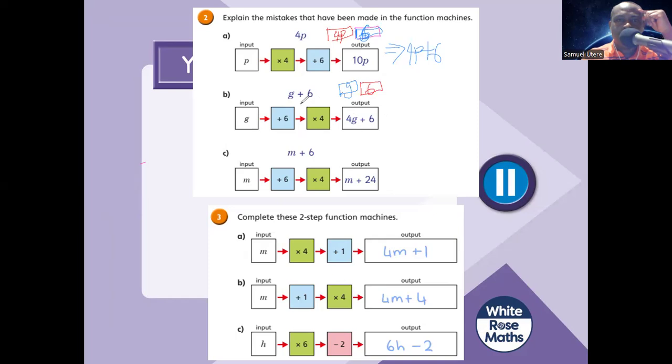That's what it means. 4 lots of that. So if we have 4 lots of this, so we have g, we have 6, okay, so on and so forth.